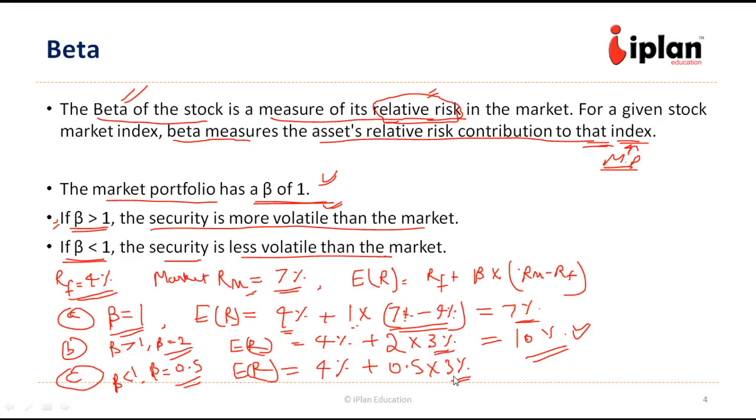So we are going to charge half of the market risk premium for this particular security since it is less volatile. So 3 into half is 1.5%. 4 plus 1.5 is 5.5%. So you see that this security is giving less return since it is less risky. Now based on this understanding of capital asset pricing model, let us look at security market line.